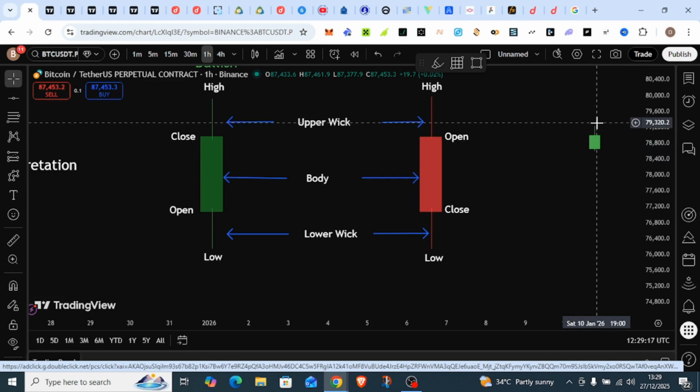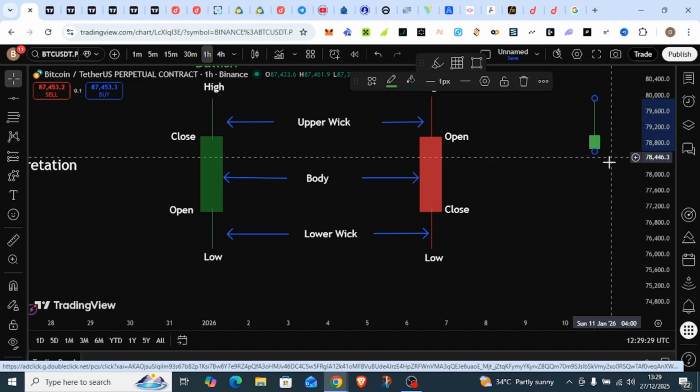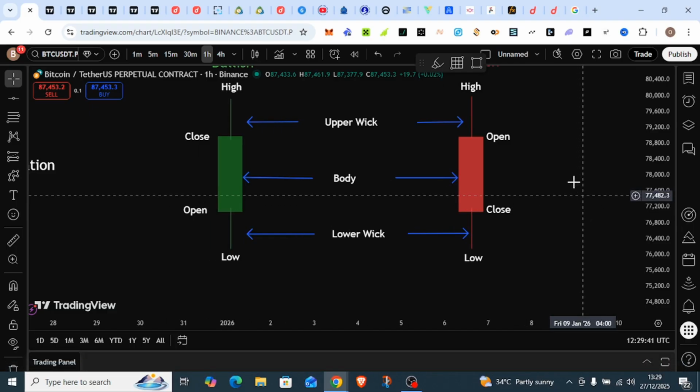We have another one with long wick. Let's extend the wick. And if this wick is very high like this, it shows rejection of high or lower prices. Or let's demonstrate something.